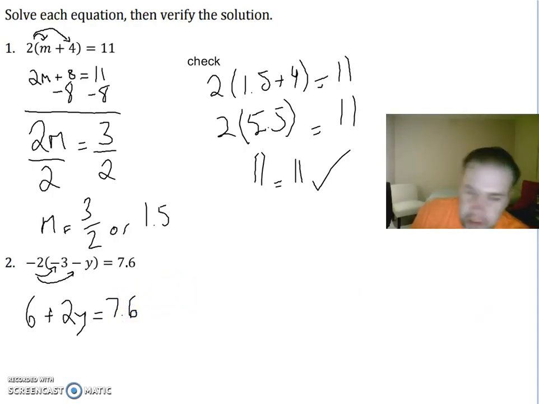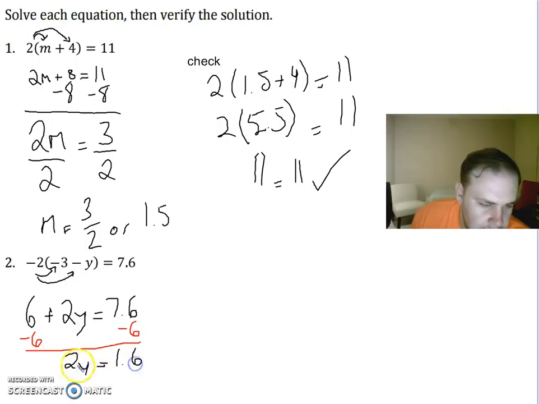So if we notice here, our orders are a little bit different, but that's fine. I can subtract my 6. Subtract 6. Leaves me with 2y equals 1.6. And divide both sides by 2. So that y will equal 0.8.